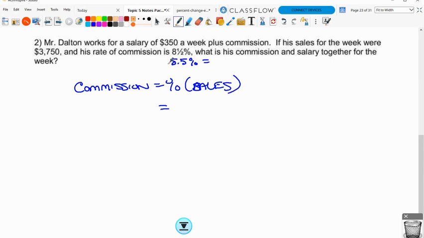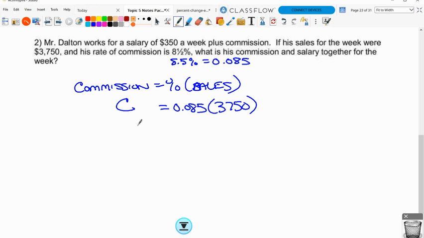Move the decimal point once, twice to the left, and that'll give you 85 thousandths as a decimal. They also tell you that his sales for the week were $3,750. So that goes in here for the amount of sales, and this will help us figure out C, which is the amount of commission.